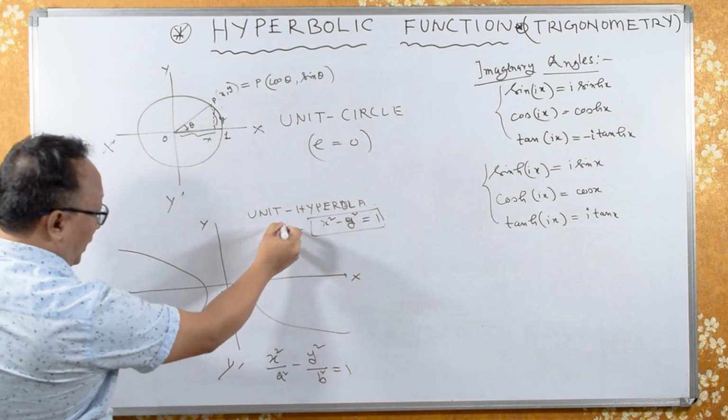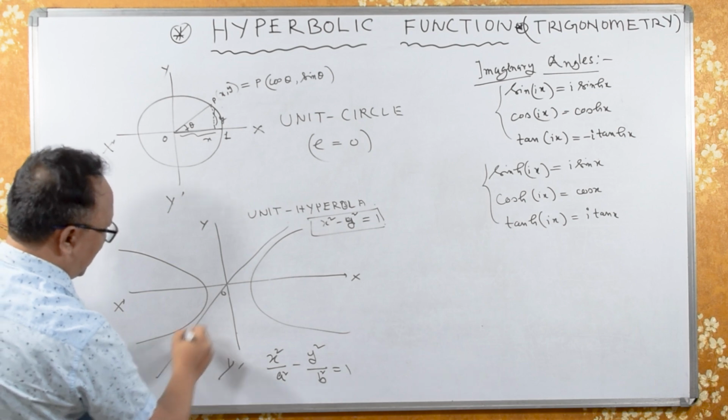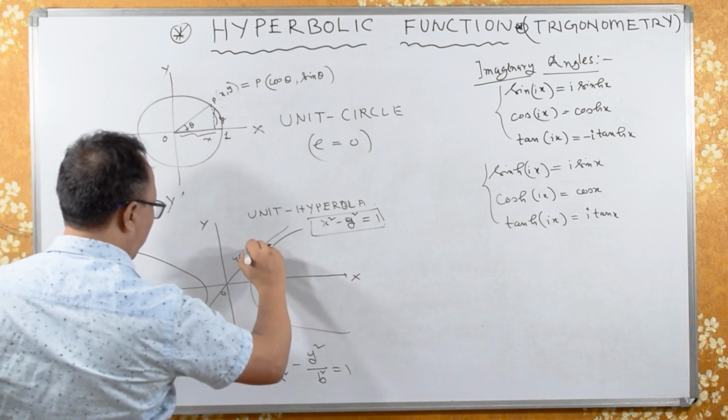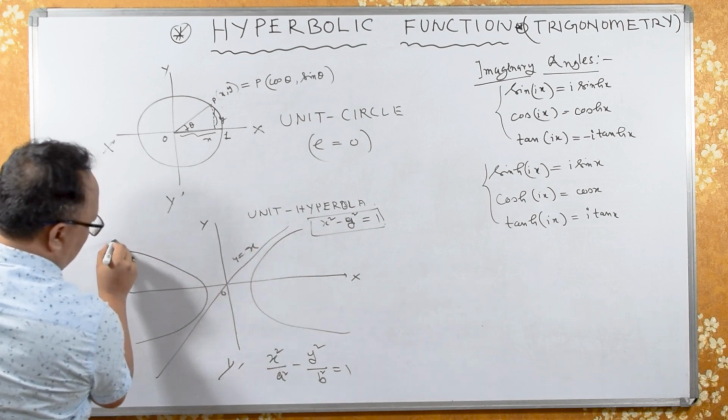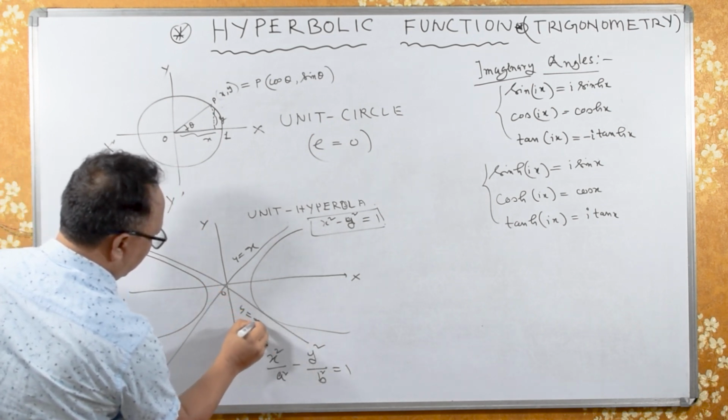Now here there are two asymptotes passing through the origin. One is y equals x, another is y equals minus x.